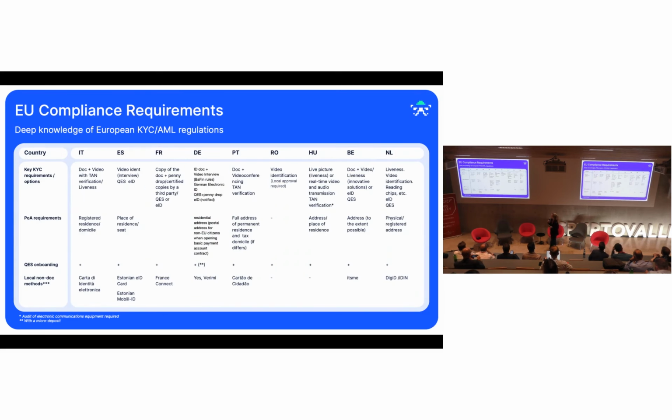Currently, European compliance requirements look like this. Each and every country has some of its own specifics. In Switzerland, we need MRZ codes in any documents, but there is also a problem with the Swiss regulation: if your clients are outside of Switzerland, you still need this MRZ code, but not every document has one.